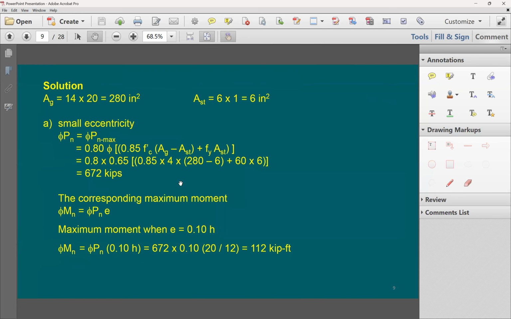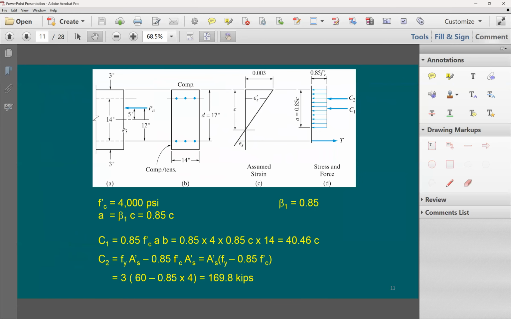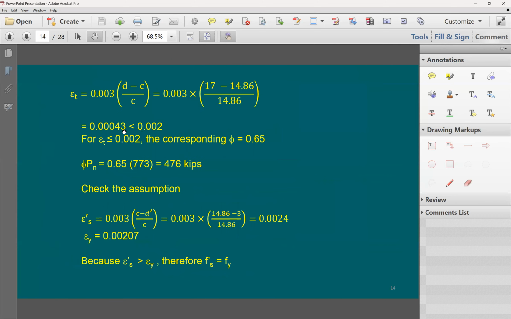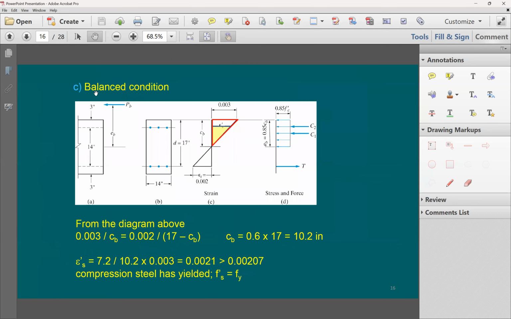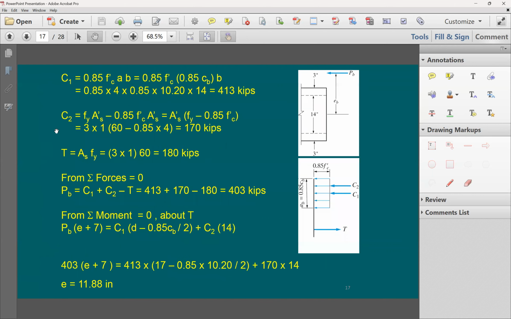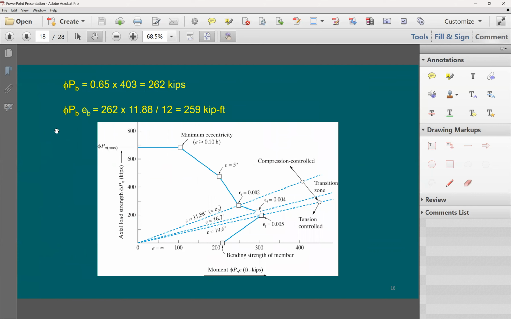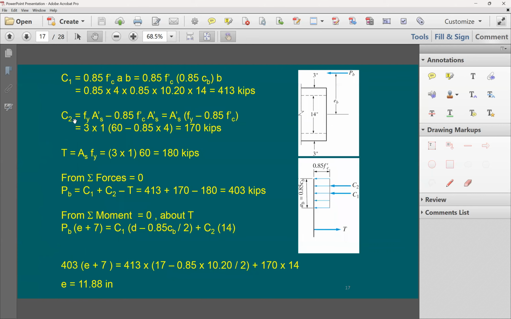Here's B, which is the toughest, and here is C, balanced condition. Start at slide number 16 and it ends right here on 18. So there's actually just 2 slides. It's so simple when it comes to analysis.